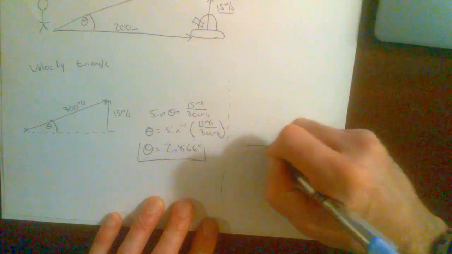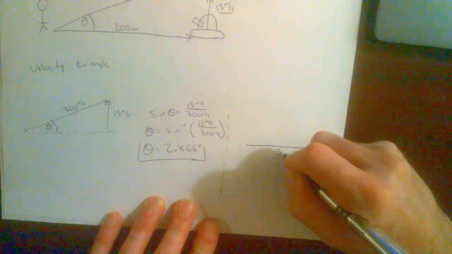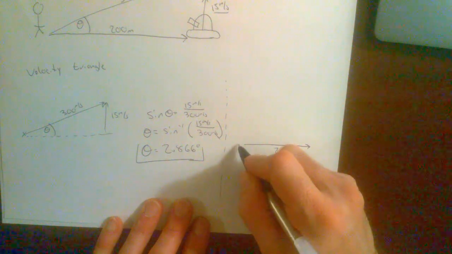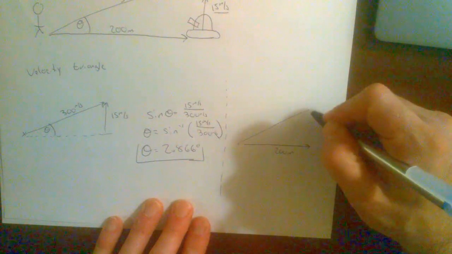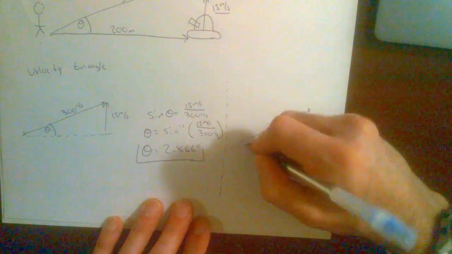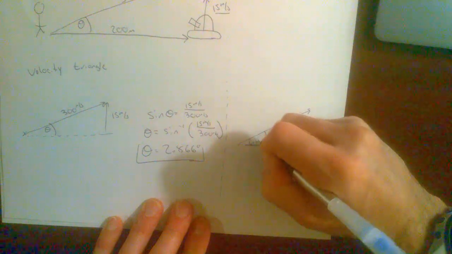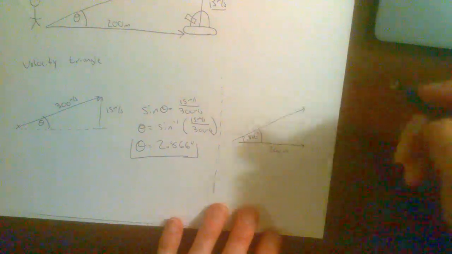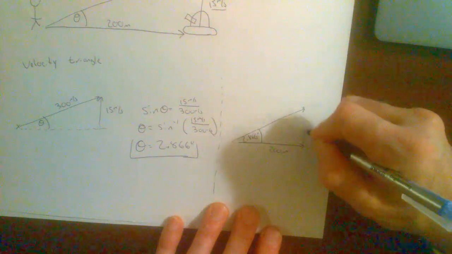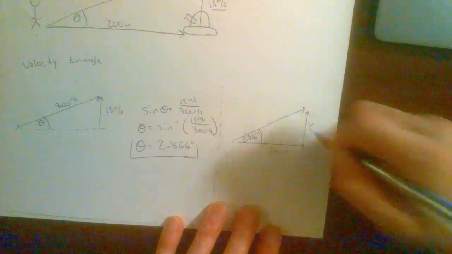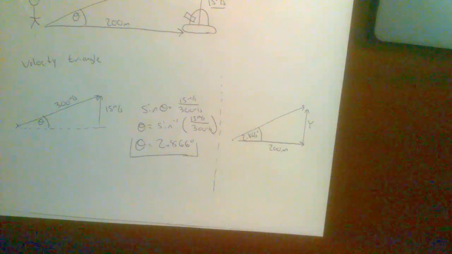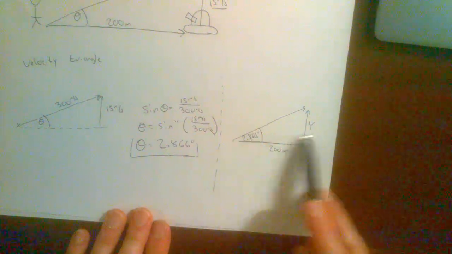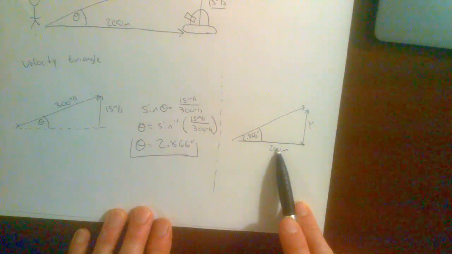So I know now that the tank was 200 meters away, and I know that I need to aim at an angle of 2.866 degrees. What I need to figure out is how far the tank is going to travel in that amount of time. Well, again, similar triangles. Now I have an angle. I don't know that side, but I know the adjacent side.